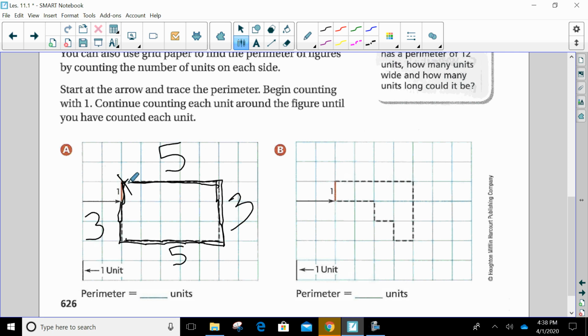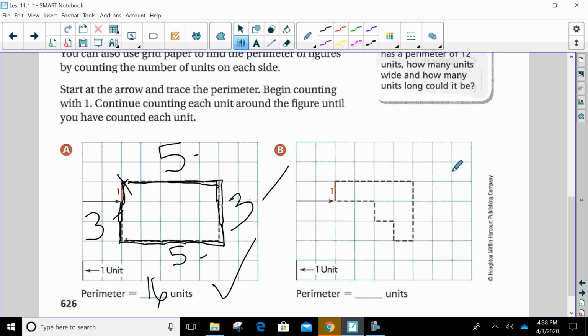From corner to corner, there are 16 units. Or you could add up the sides. 5 plus 5 plus 3 plus 3. 5 plus 5 is 10, plus 3 plus 3 is 6. 10 plus 6 is 16. It works, I promise.